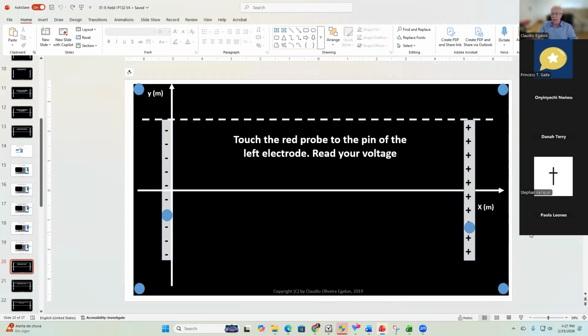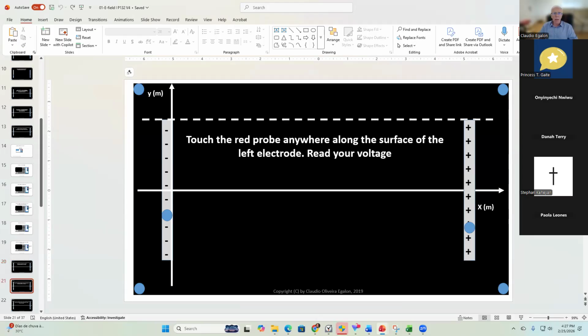The first thing that we can do is touch the red probe anywhere along the surface of the left electrode. Don't forget, the black probe of the multimeter is also here in the negative plate, the negative electrode. So when we touch the red probe of the multimeter, we should get a 0 reading because there is no potential difference between those 2 points along this electrode.